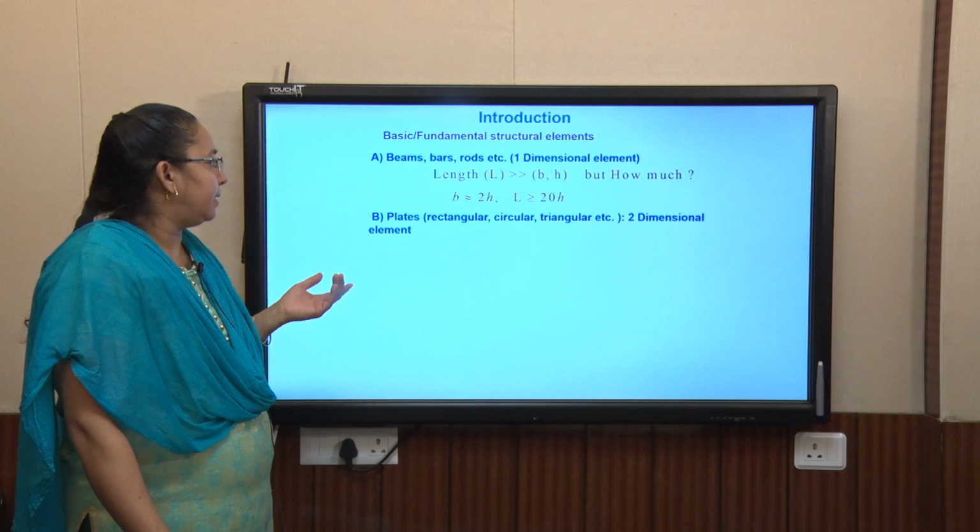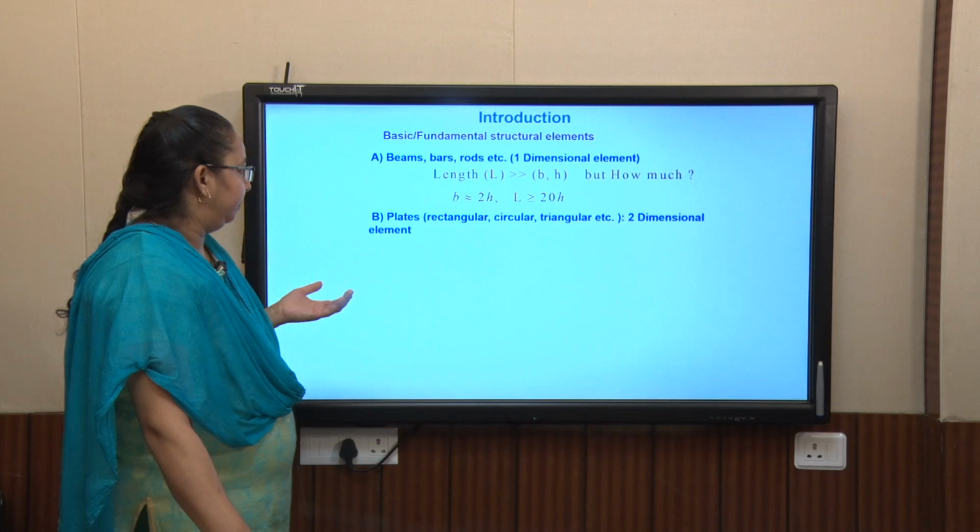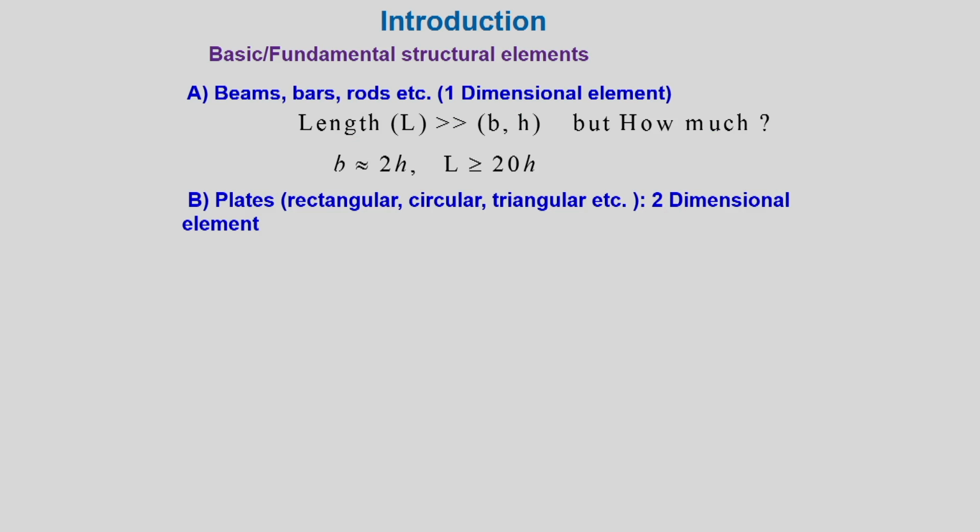So, the very first thing that comes is the beam, or the qualification of a beam. In a structure, if you find a component whose length is very long compared to its width and thickness, then we can treat it as a beam or a bar or a rod. But how long? It cannot be infinity.